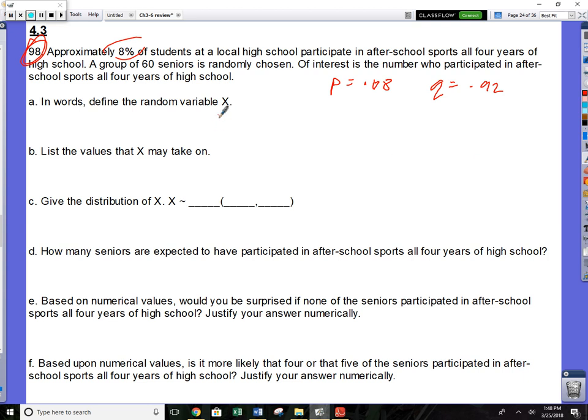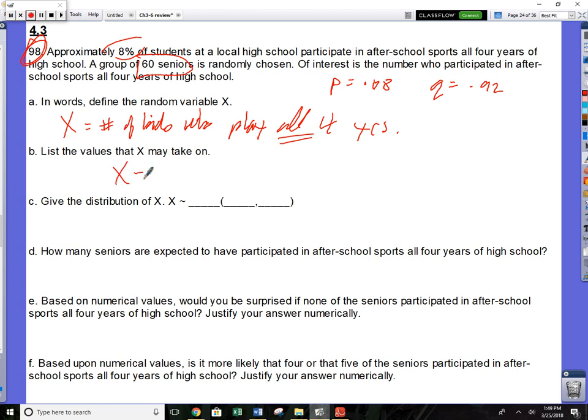Okay, so we define the random variable x to be the number of kids who play all 4 years. So the values that x can take on, okay, there's going to be 60 seniors.